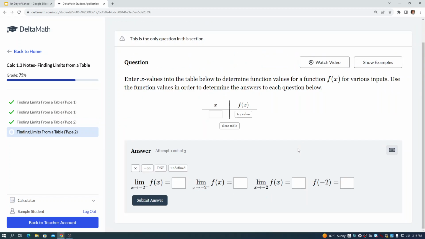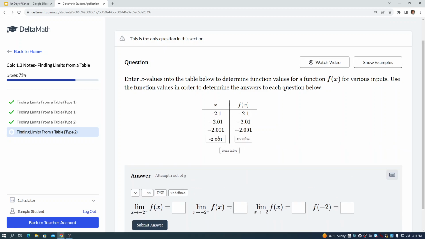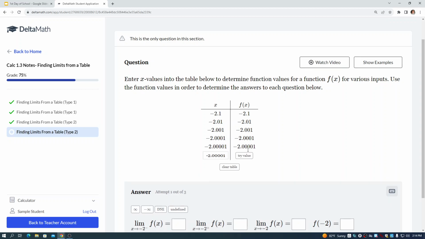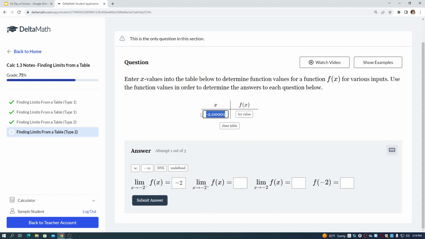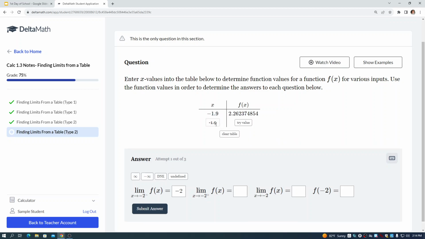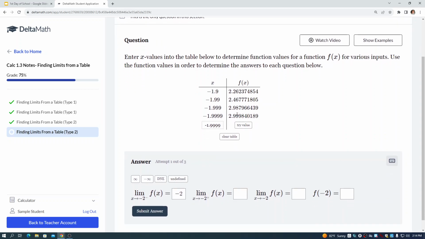Okay, and last one. -2 from the left. So we got our -2 again. That would be our -2.1. You can see that's just going to be -2. And we want our little less negative, -1.9. And so you can see that's really rounding to a 3.